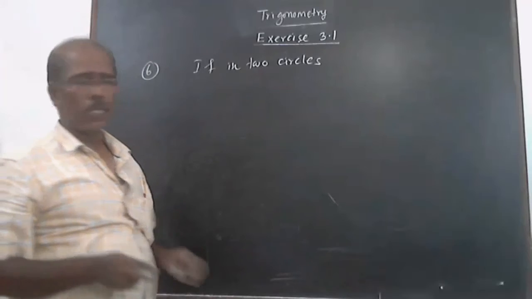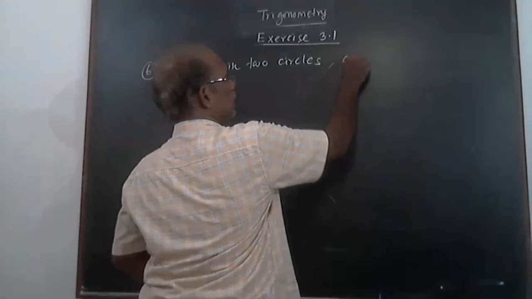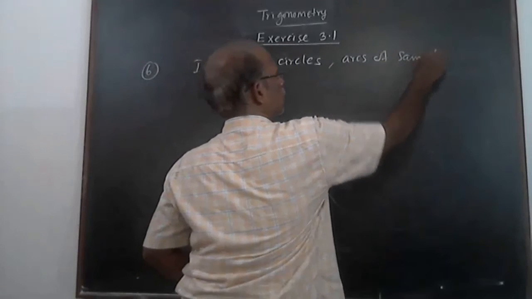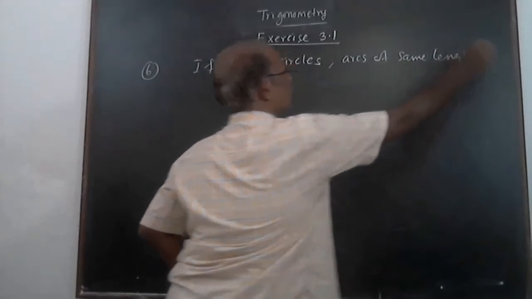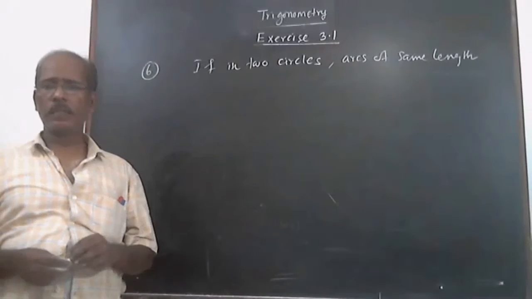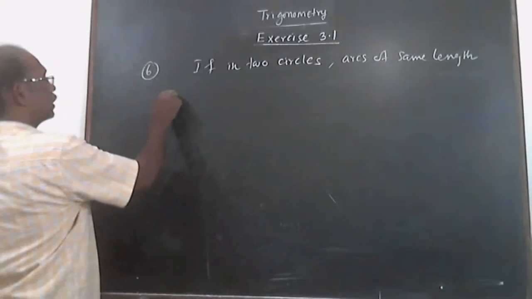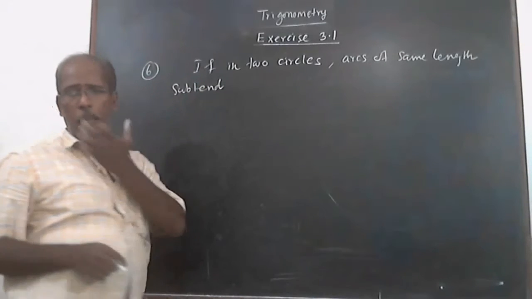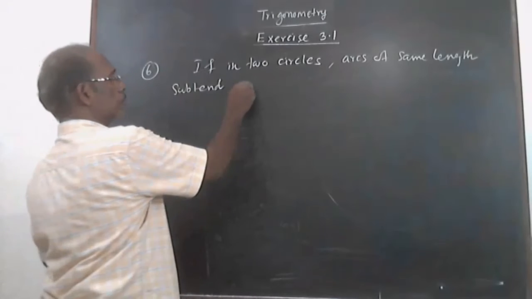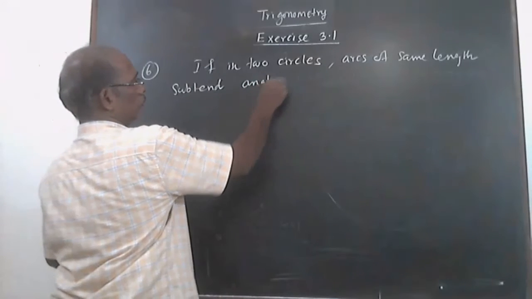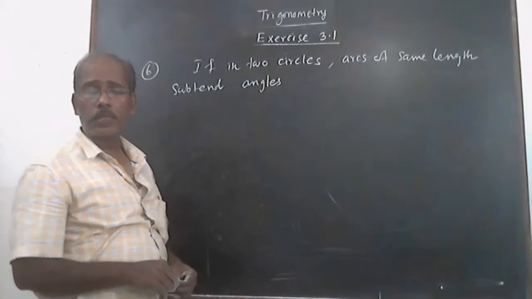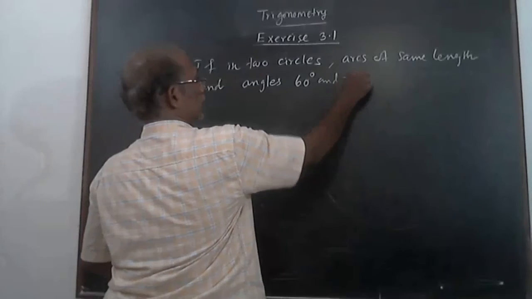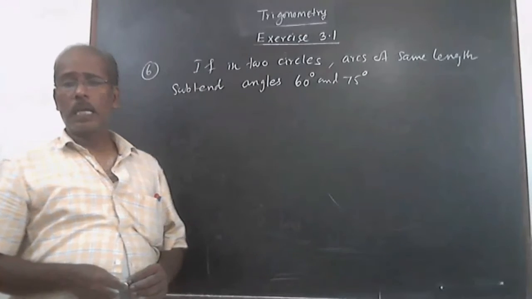Two circle arcs of the same length subtend angles. One is 60 degree, the other one is 75 degree, at the center.